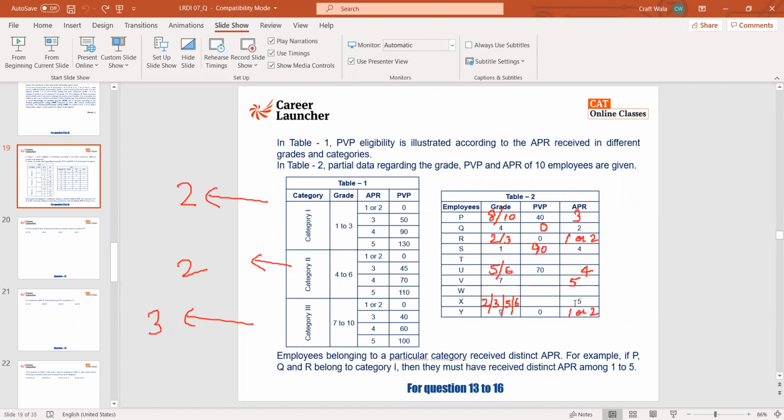And in that category, the numbers that are available, in category 1, what all grades are there? 1, 2, 3, out of which 1 is already used. That means 2 or 3 options are available for him. Similarly, here between 4 to 6, 4 is already done. That means 5 and 6 are available to him.